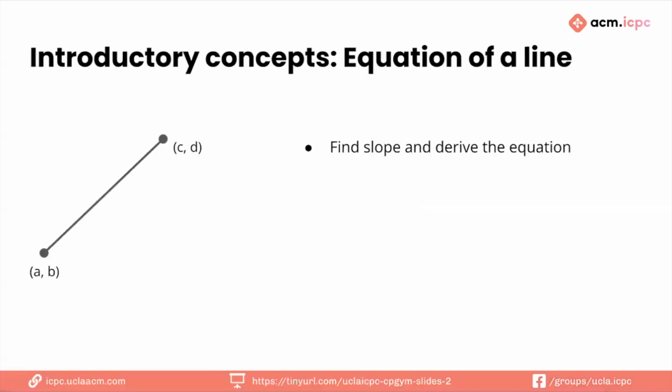Okay, so I guess the easiest problem to program is to find an equation of a line given 2 points. Can someone on the top of their head tell me what the slope would be for this line? Anyone? Yeah. I think it's (y2 - y1) divided by (x2 - x1).